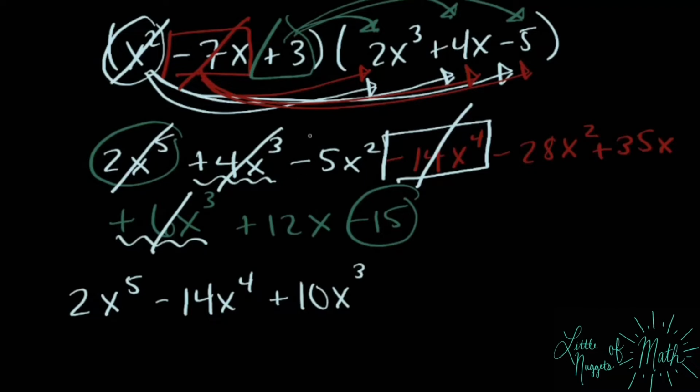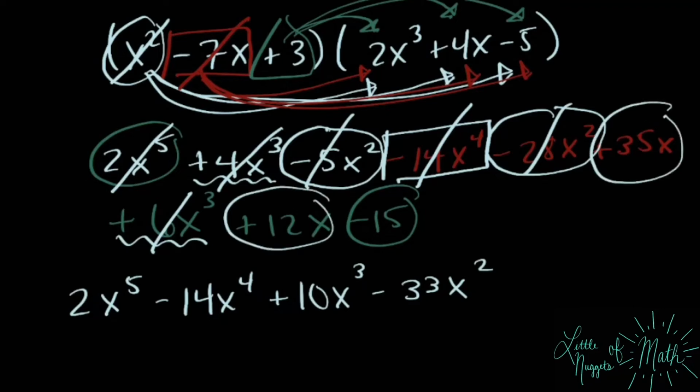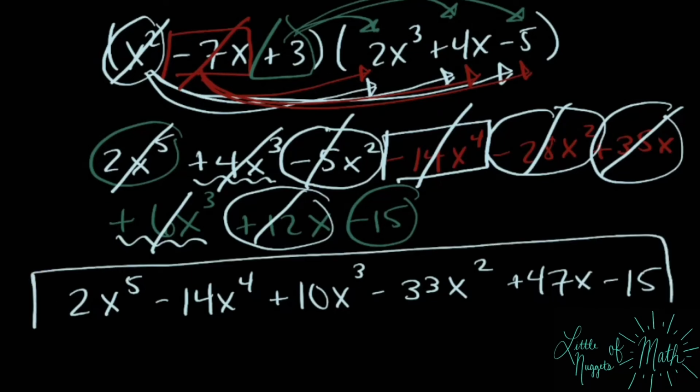We look for x squareds, negative 5x squared and negative 28x squared. Together is negative 33x squared. And finally, we look for x's. We see 35x and 12x, which gives us a positive 47x. And finally, the last term, which has no like terms, the negative 15. And that gives us our answer.